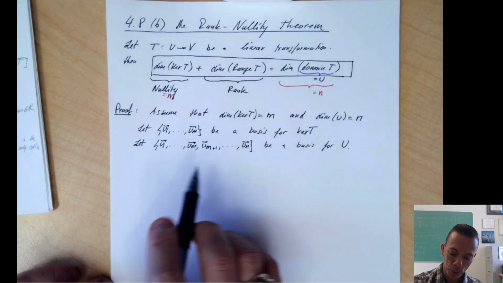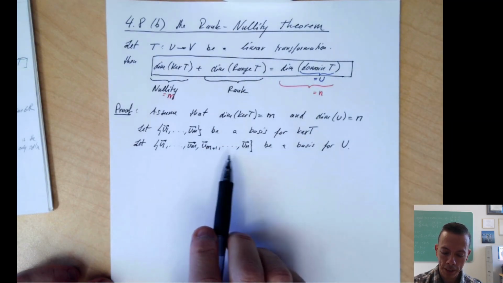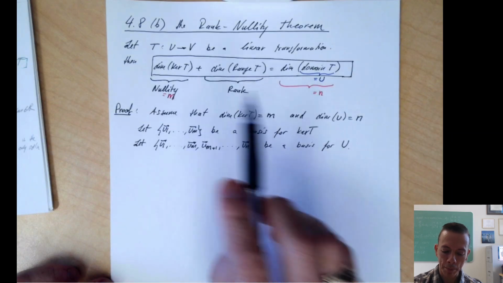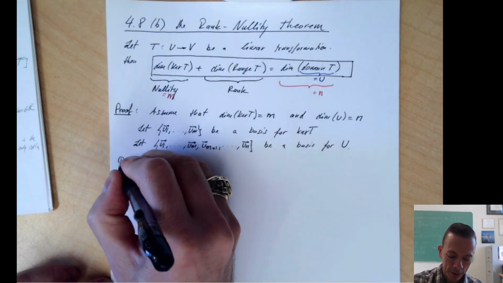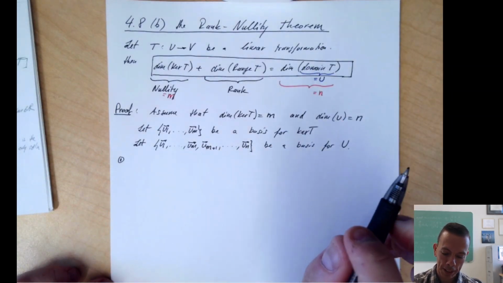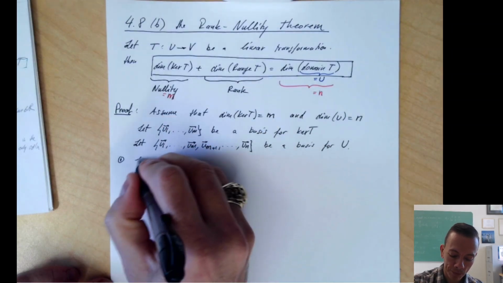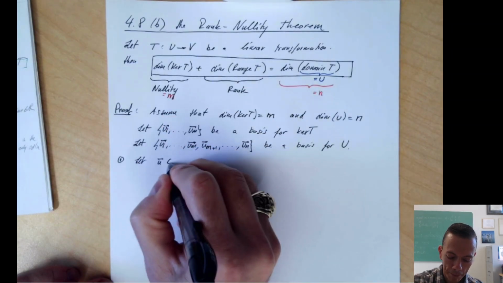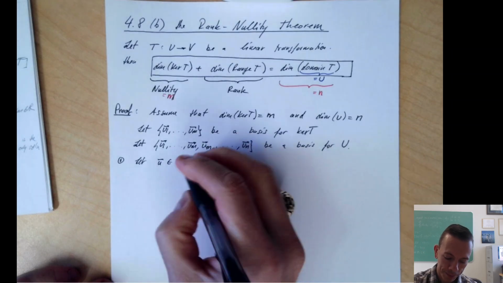So now we need to prove that a basis for the range has n minus m vectors. So let's start with proving that we have a set that spans, and then we'll prove that that set is also linearly independent. So we'll take an arbitrary vector u in the domain.